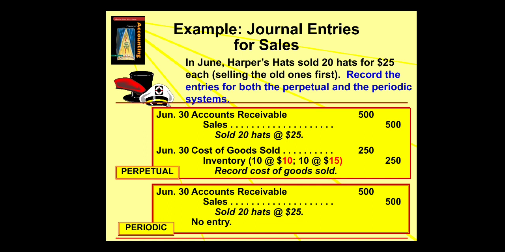The date is 30th of June, credit account sales or revenue $500, and then debit account receivable, given that the transaction is a credit transaction. So the periodic system is easier. The recording process for inventory using the periodic system is easier and simpler.